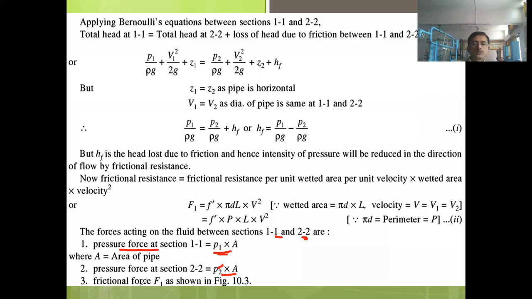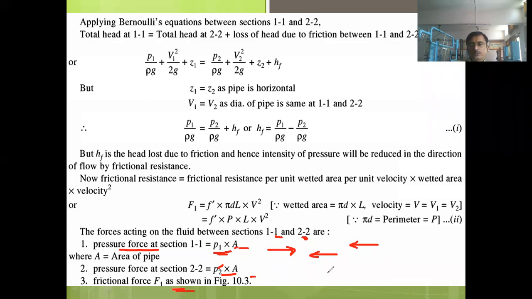And the third force, that is frictional force, that is F1, it is acting there. This pressure force P1 is acting in the forward direction. This P2 is acting in the reverse direction, opposite direction, and this F1 is also acting in this direction.